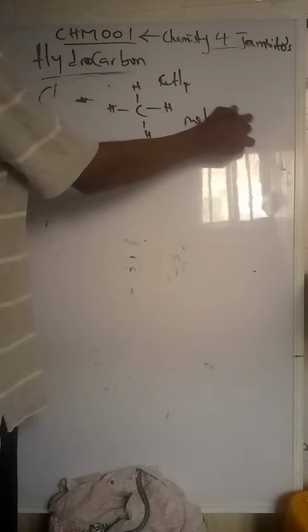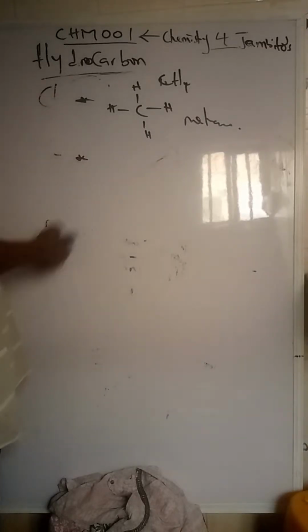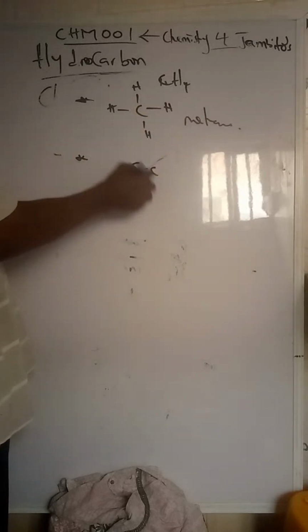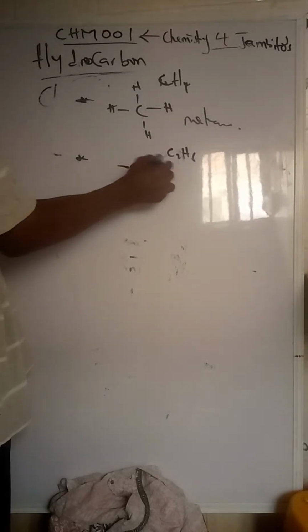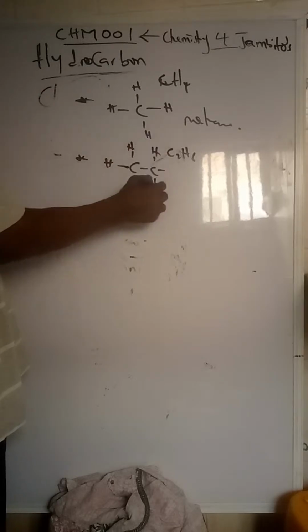But when you talk about ethane, ethane is C2H6. We use that formula to derive it. And having this, that's hydrogen, hydrogen, and hydrogen. How many hydrogen?